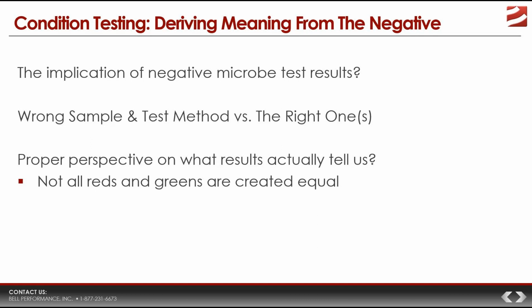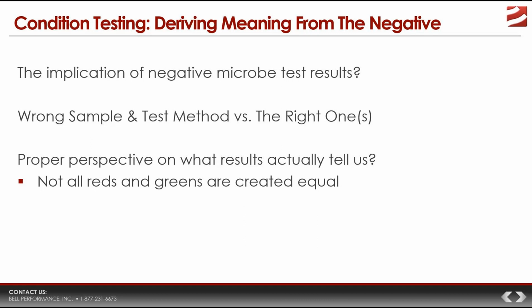But we know that even though red, yellow, and green colors are intended to imply that a microbial level is moderate or severe or neither of those, we have to remember that what we've got is a total microbe count, and not all microbes are equally problematic.